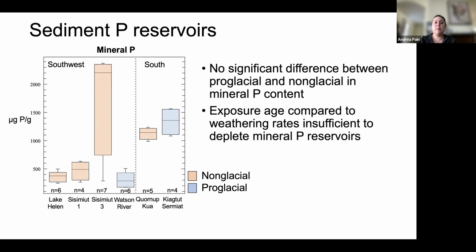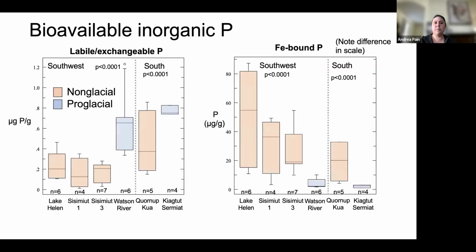So this is a bit counter to the hypothesis. But the explanation for this could be that the exposure age, so about 10,000 years, compared to weathering rates, would be insufficient to really deplete those reservoirs. So you would expect this process to take a bit longer than the exposure ages that we observe in our watersheds.